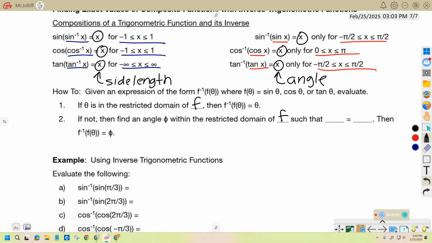So we're going to find a new angle inside the domain that produces the same output. F of theta is f of the new angle. They give me the same answer. In that case, the answer is the new angle instead of the old angle.